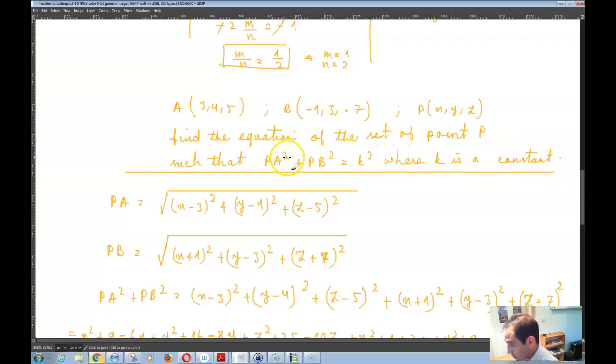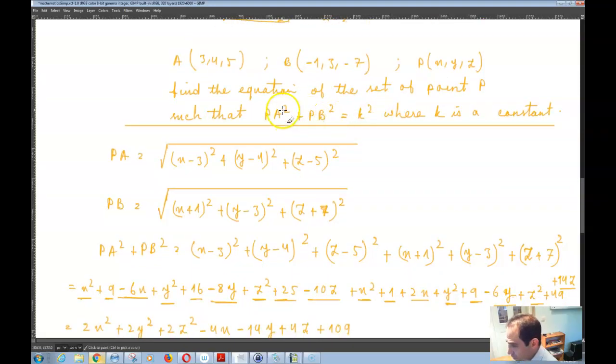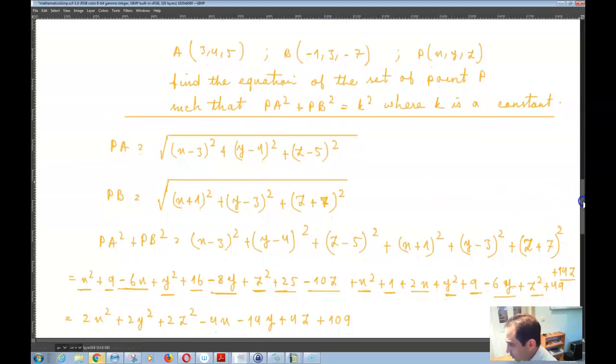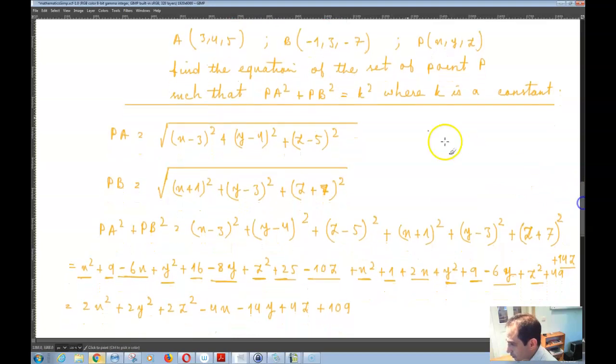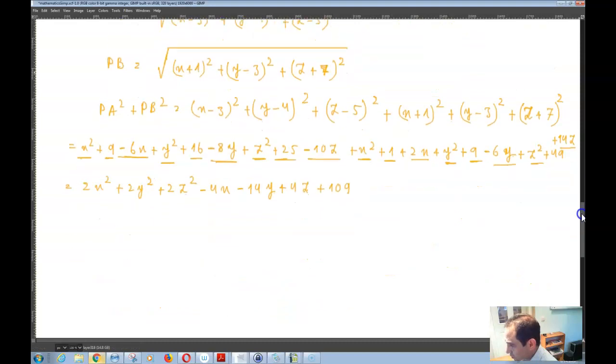So what that means is that the distance between P and A squared plus the distance between P and B squared is equal to some constant. So what we did over here was that we calculated PA and also PB, and we calculated PA squared plus PB squared as well, which is basically this thing over here.